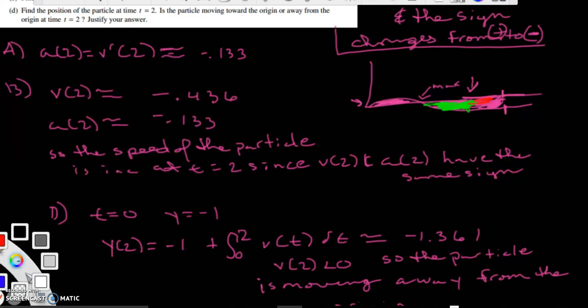Let me change the color so you can see it. Let me erase it. I think all these colors are messing it up. So anyway, there's actually more negative area because the pink and the green canceled one another out.